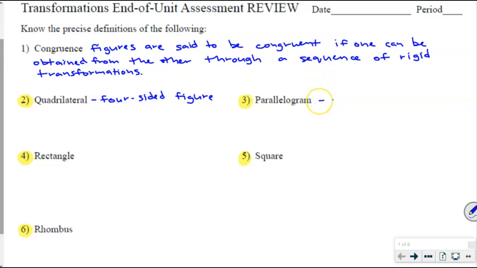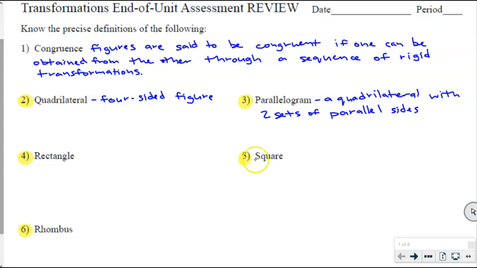So a quadrilateral, key word here is it's parallelogram, so a quadrilateral with 2 sets of parallel sides. You can draw a parallelogram as an example. Sometimes visual representations really help us solidify our understanding.